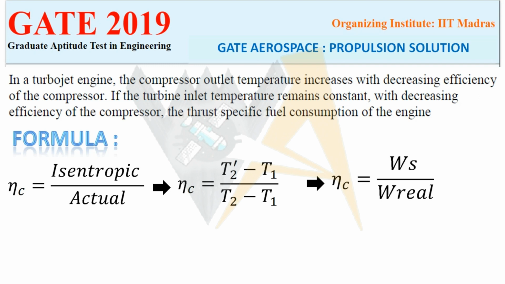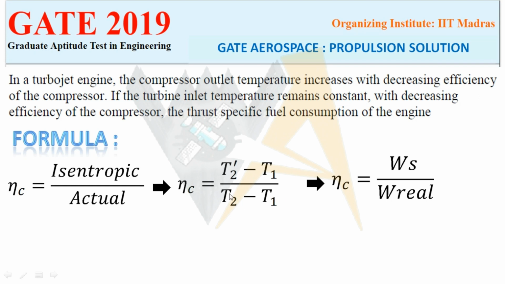Now the question says the turbine inlet remains constant but with a decrease in efficiency, how will it affect the SFC? This parameter is increasing, so the total difference will also increase. If this parameter increases, then the efficiency will obviously go down.